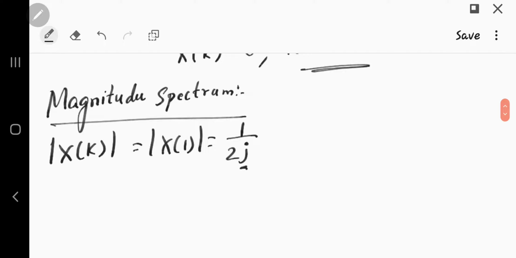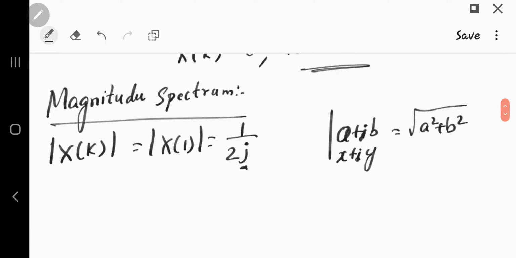Now this j can't be in the denominator, because we can take the magnitude if we have something in the form of a plus jb, or x plus jy. If it is in this form, you can take the square root of a square plus b square to find the magnitude. Now this j is in the denominator, so that can't be done. We have to bring this to the numerator.